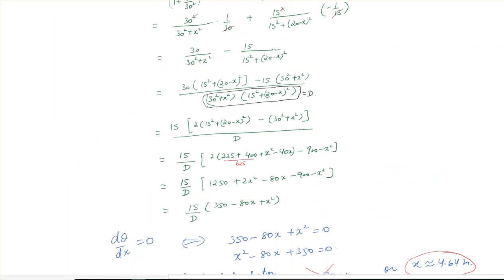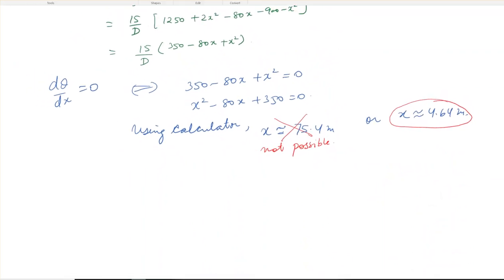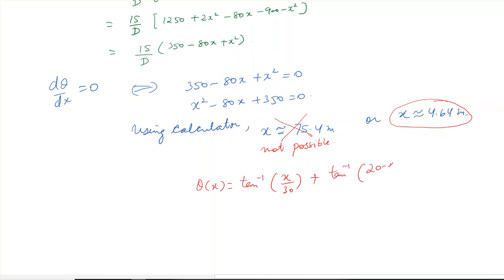So let's see what we get at the endpoints. Just to remind you, our function was theta of x equal to tangent inverse of x over 30 plus tangent inverse of (20 minus x) over 15. In order to see whether x equal to 4.64 gives us a maxima or minima, we can figure out the value of angle theta when x is 4.64.